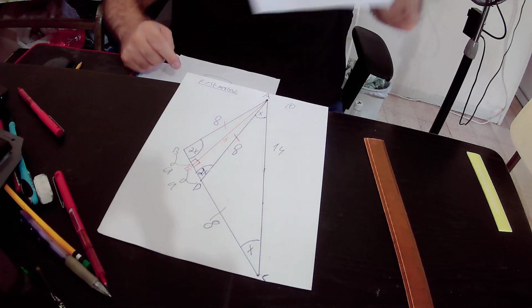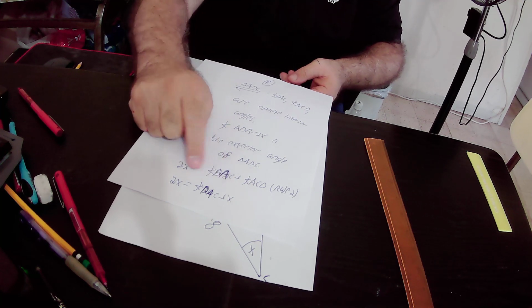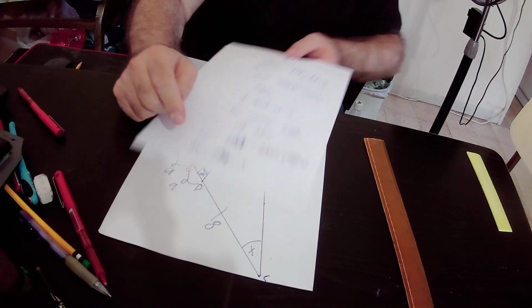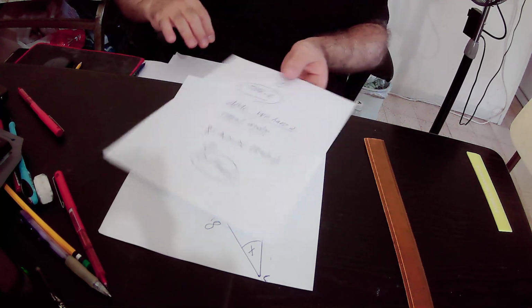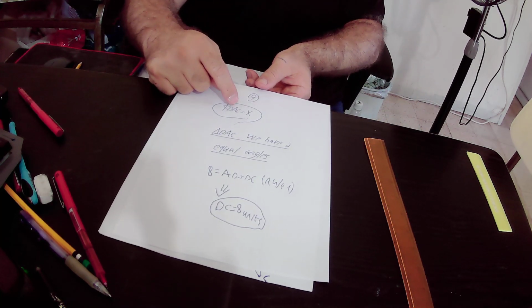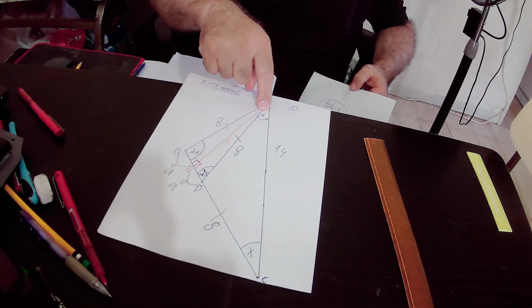It is given in the question, so we can substitute x into this equality, and we will get that angle DAC equals x degrees.